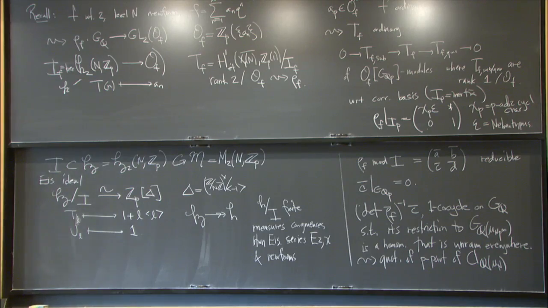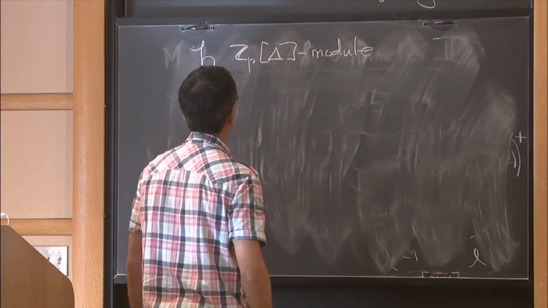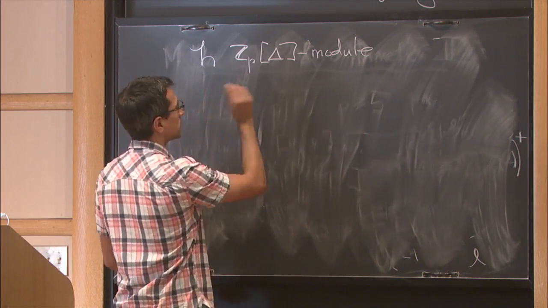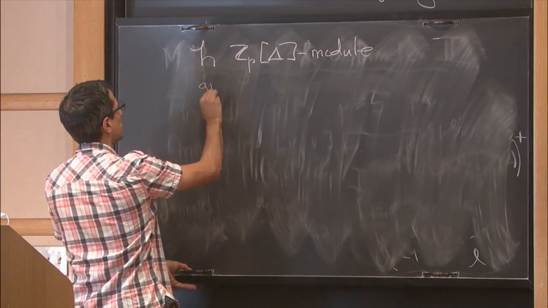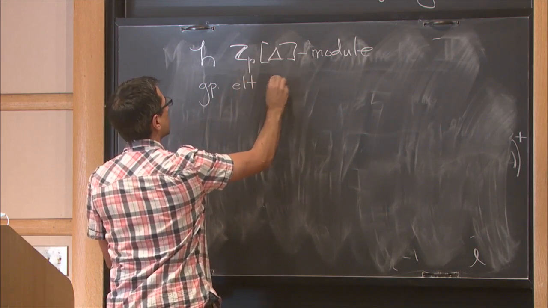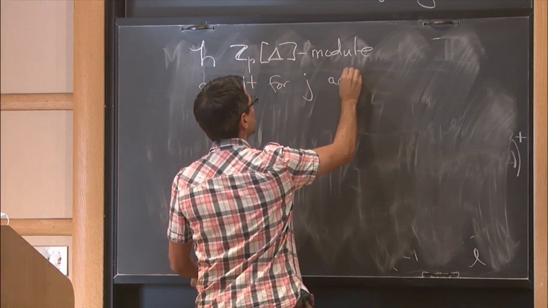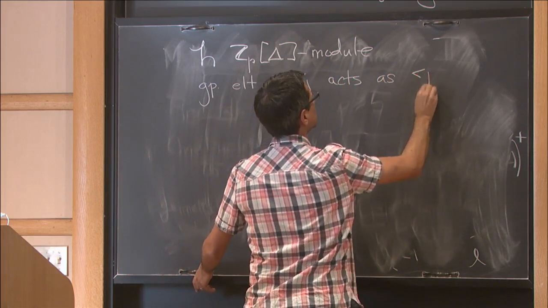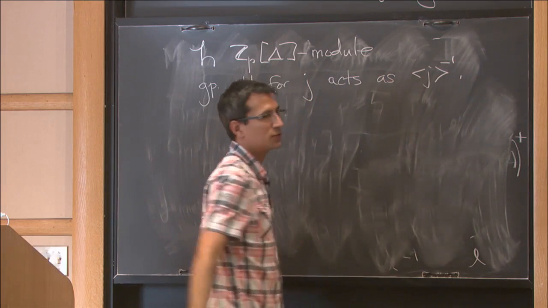And in fact, I was mentioning this earlier, I want to take the strange Z_p delta action where the group element j acts as a diamond operator inverse. It'll be useful later.